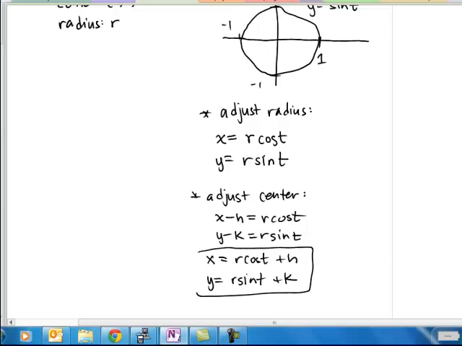So those would be the parameterizations, the standard ones at least, for a circle of radius r, center h, k.